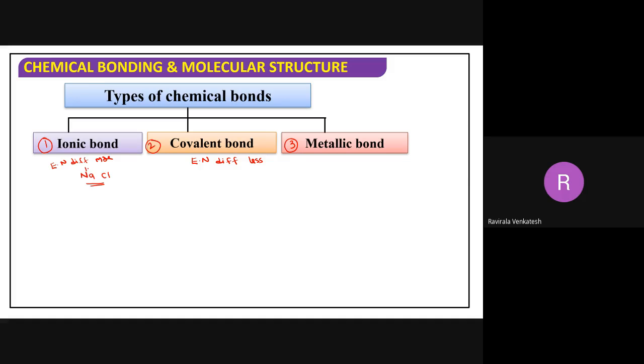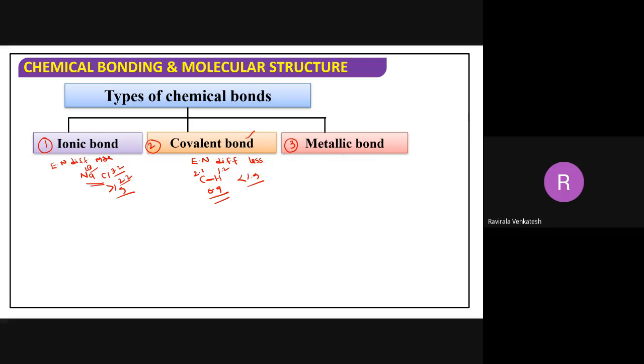Sodium is around 1.0 and chlorine is 3 point something, so the difference is about 2.2. If it is more than 1.9, we get an ionic bond. For example, carbon is about 2.1 and hydrogen about 1.2, so the difference is only 0.9. So it is a covalent bond. If the difference is less than about 1.9, you get a covalent bond; more than that, we get an ionic bond.